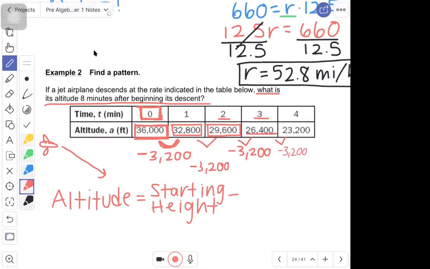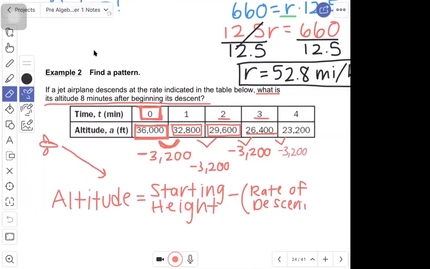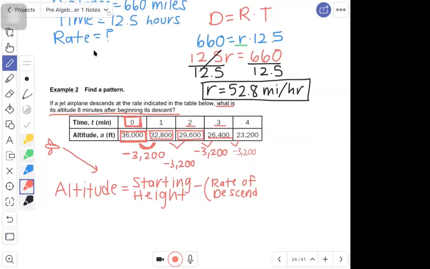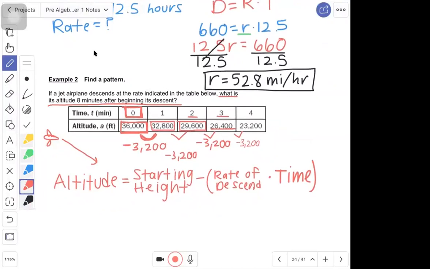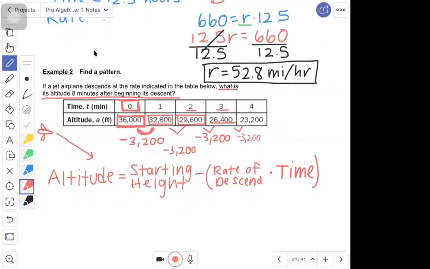So how much we're going to go down every minute. So that's our rate of descent, right? Multiplied by our time. So what our rate is multiplied by how many minutes we're going in. So we are trying to figure out what our altitude is here.